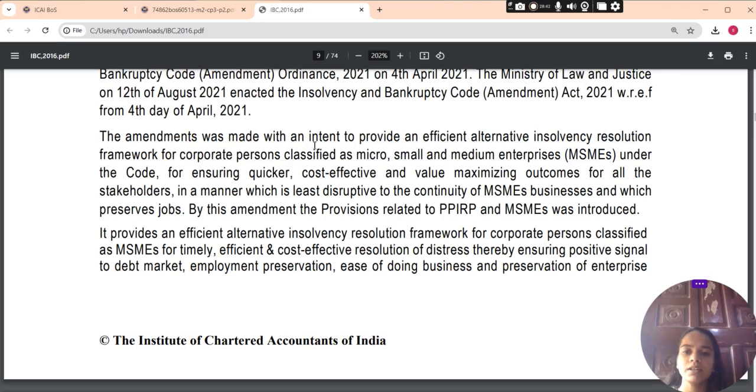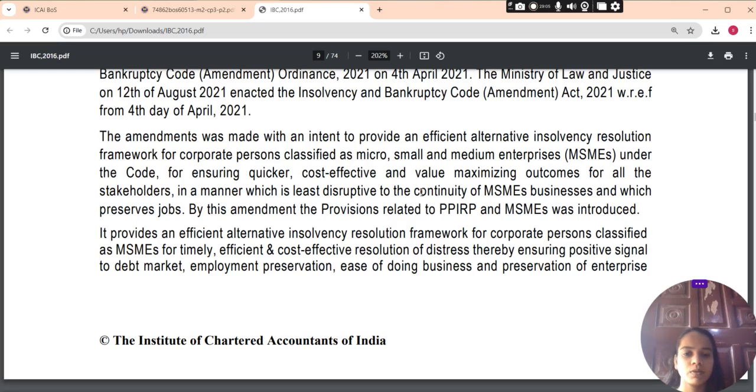The amendment was made with an intent to provide an efficient alternative insolvency and resolution framework for persons classified as micro, small, and medium enterprises, MSMEs, under the code, for ensuring a quicker, cost-effective, and value-maximizing outcome for all the stakeholders, in a manner which is least disruptive to the continuity of MSME business and which preserves jobs.